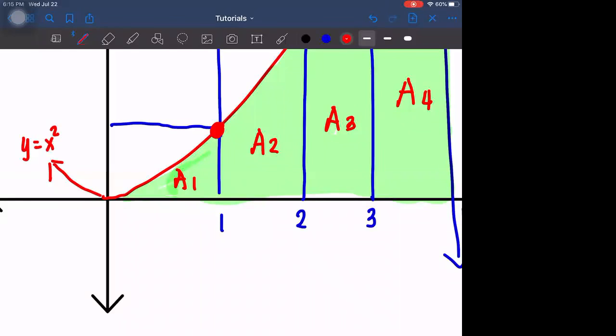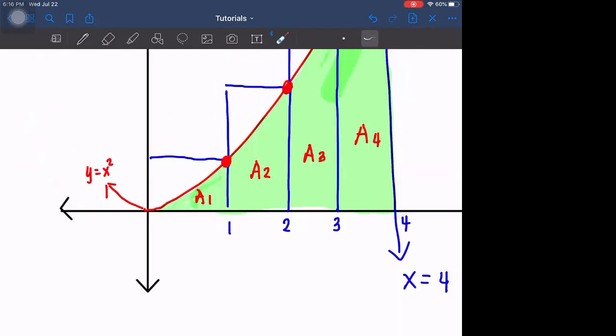Meaning, the height of the rectangle is y. So, if x is equal to 1, what is the height? 1. We substitute here. Meaning, it is 1.